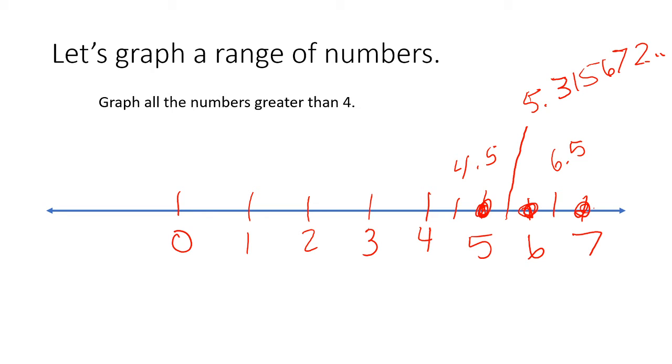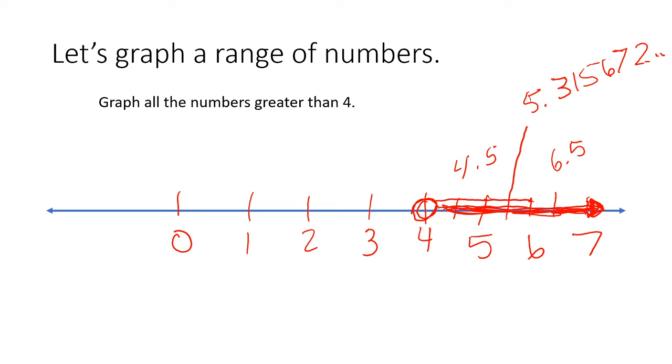So instead of doing dots, I'm going to draw an arrow at 4. Since it doesn't include 4, it's going to be a hollow dot with an arrow in the direction that all the numbers include. So it's all the numbers in this direction, not including 4.